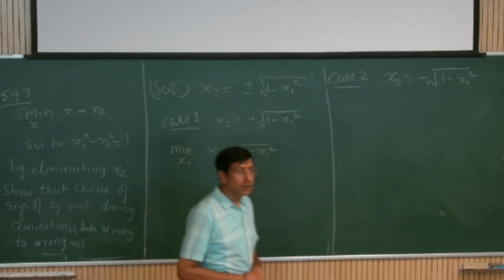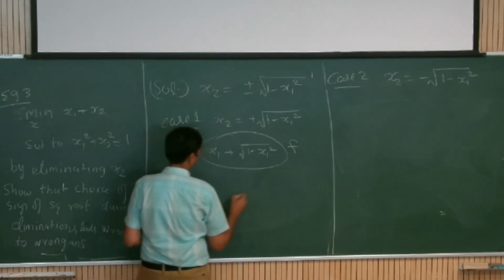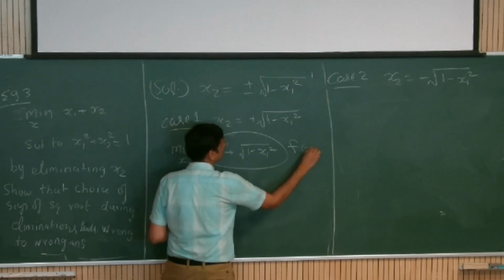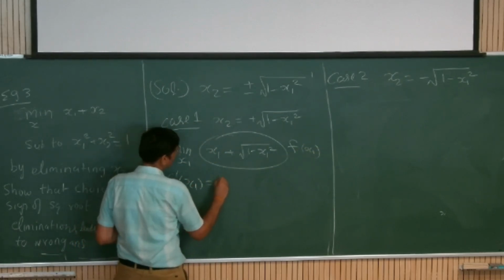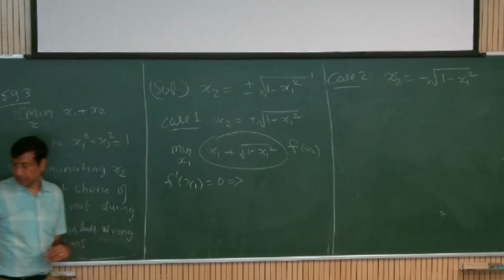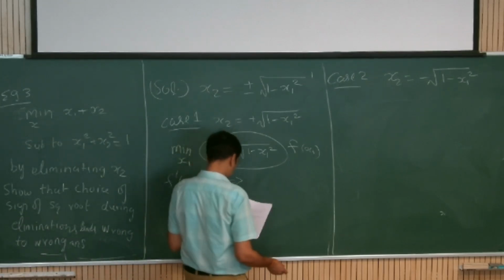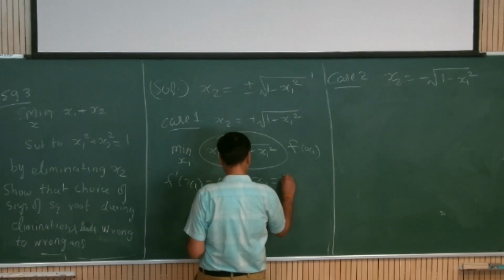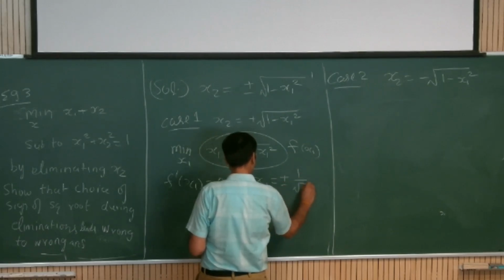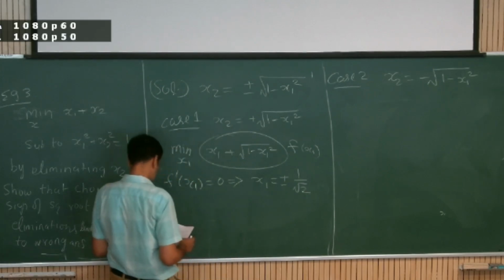Correct? So once I take this as f of x1 and make f prime of x1 equal to 0, then what do I get? I get x1 is equal to plus or minus 1 over square root 2. Is that okay?